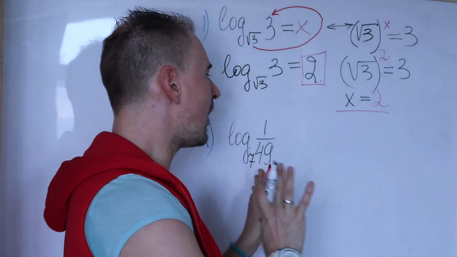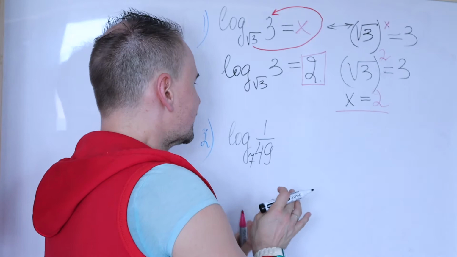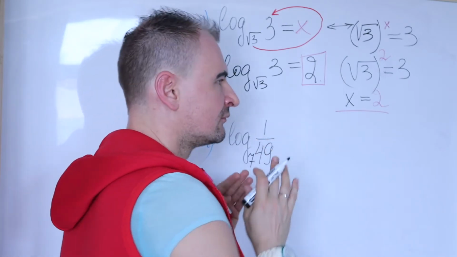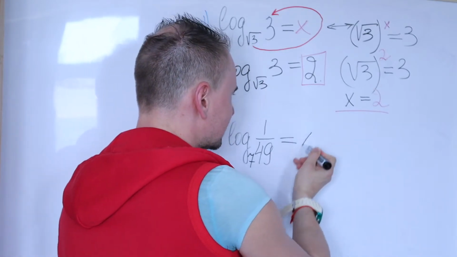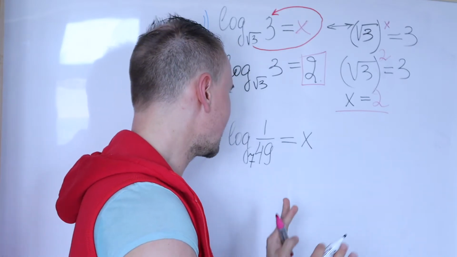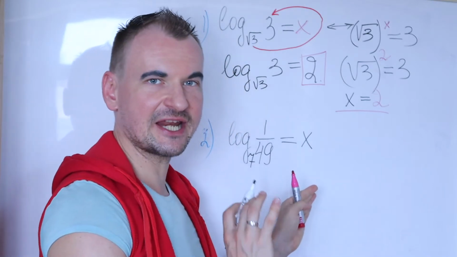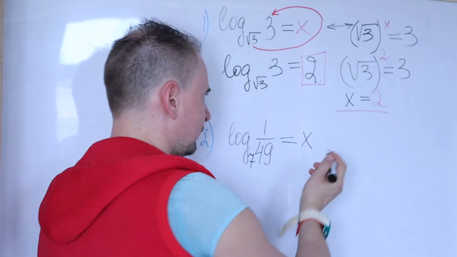Here's one more log problem. Since we don't know what it equals, set it equal to x, any variable. Now, link it to exponential form, rewrite it into exponential form.